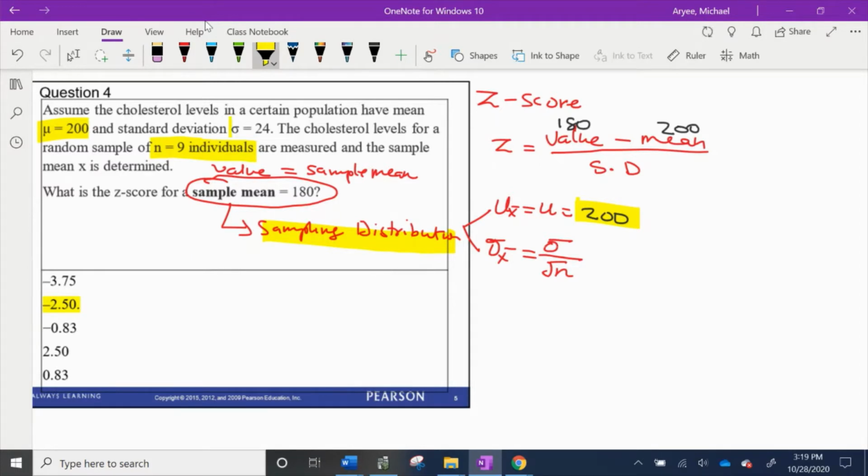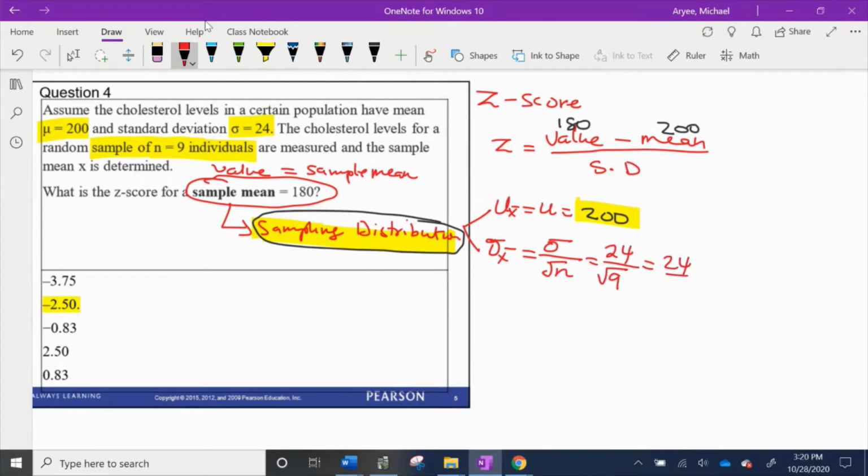So they gave you the standard deviation and then they tell you a random sample. Most questions are along the line of sampling distribution like this. So in this situation, we put sigma, which is 24, divided by square root of 9.